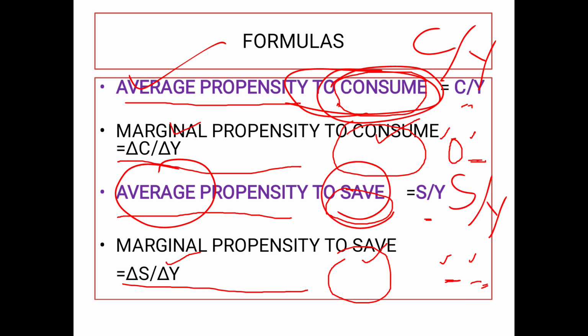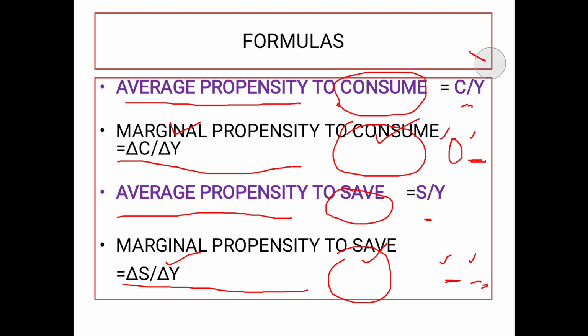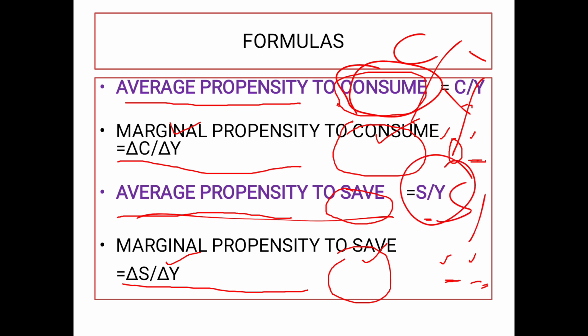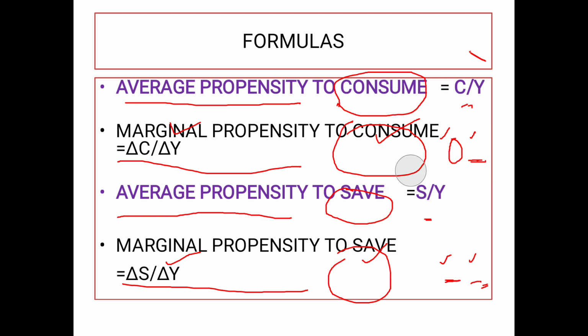So don't forget, when it is asked as average, we have to see the last word, consume. So it is C, always divided by income. Here we have average propensity to save, where you have to put S divided by Y, because saving is divided by income. Clear?